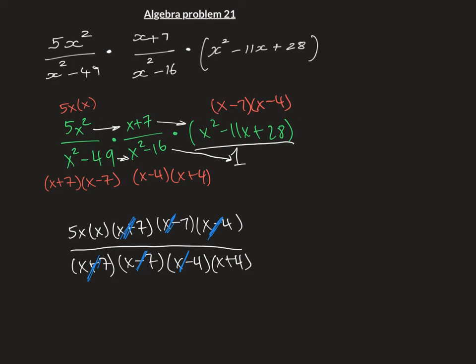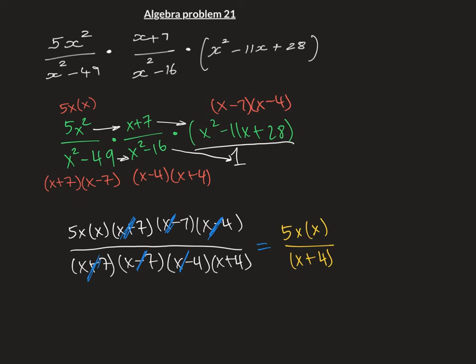And we put that together, which is equal to 5x times x divided by x plus 4. Now, this is our final equation.